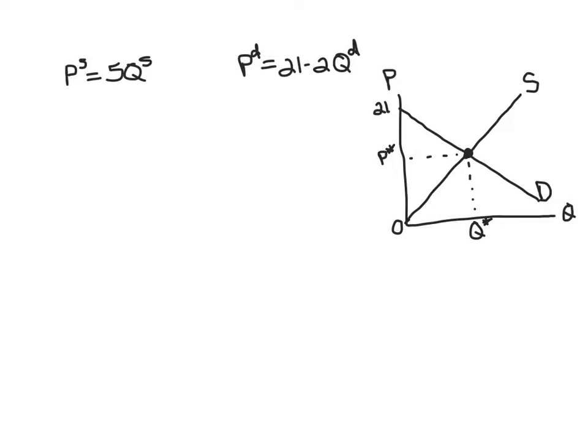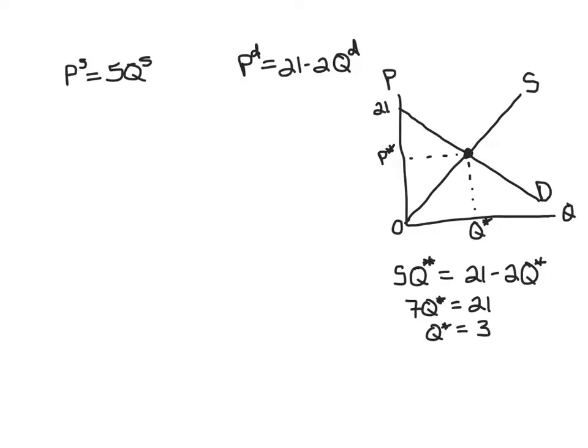We would set the supply curve 5QS equal to the demand curve 21 minus 2QD. But since we're setting them equal, we know that the only place that supply and demand will be equal is at Q star. Okay, so solving for Q, we end up with 7Q star equal to 21. Q star is equal to 3, right?